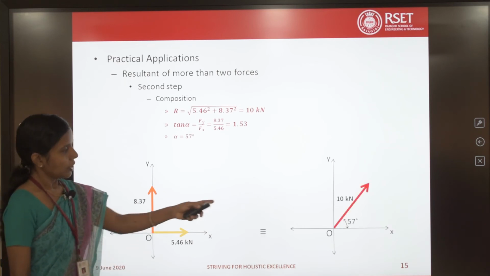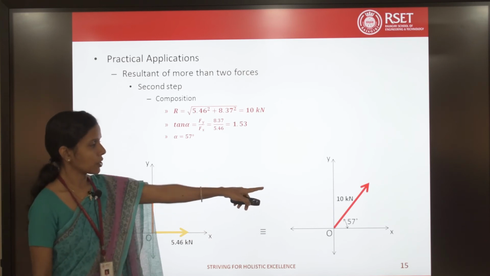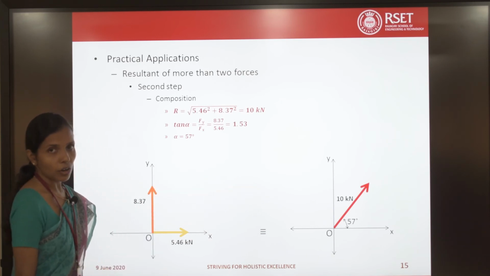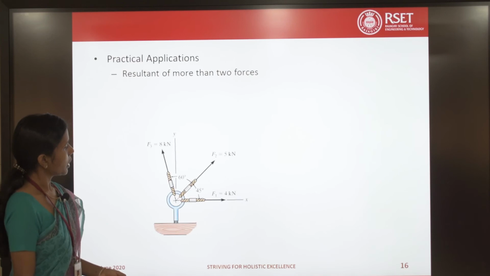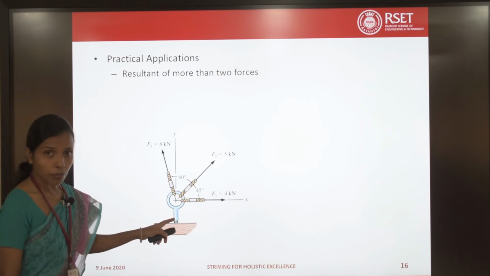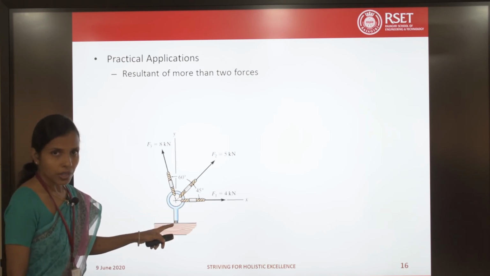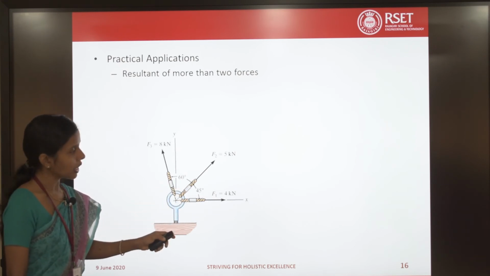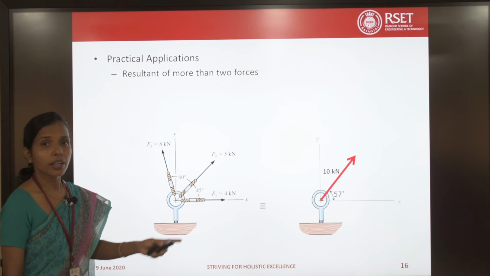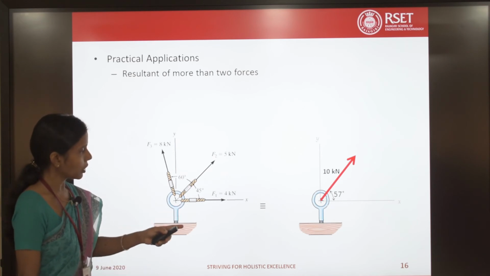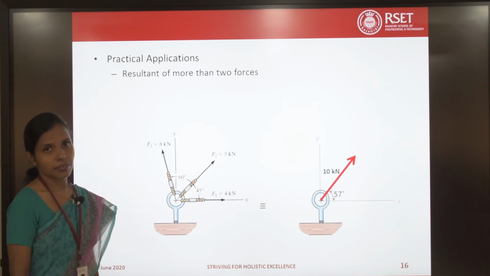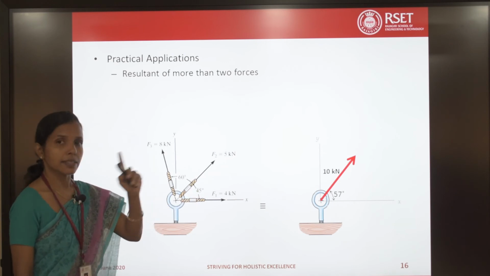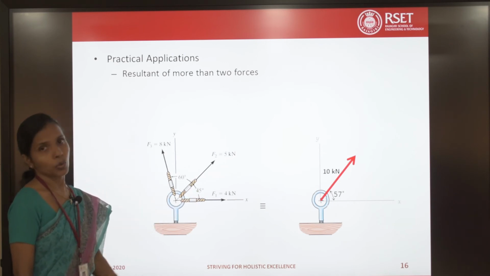So you have converted this into a single force of 10 kilonewton at an angle of 57 degrees. In effect, the real-life problem had 3 forces acting on a hook, which you converted into a single equivalent resultant force of 10 kilonewton acting at an angle of 57 degrees. Both have the same effect on the hook.